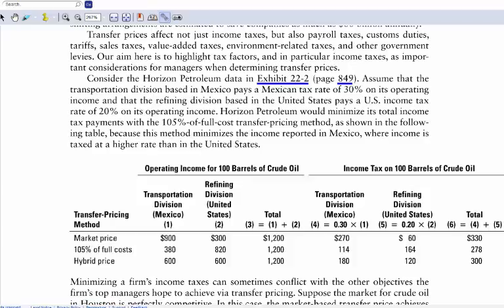Managers need to be aware of financial accounting, tax, and other regulatory issues that restrict the prices that may be charged in these situations. Again, if you wanted to go back and pull up the Internal Revenue Code 482 and check out some of that stuff, go right ahead.